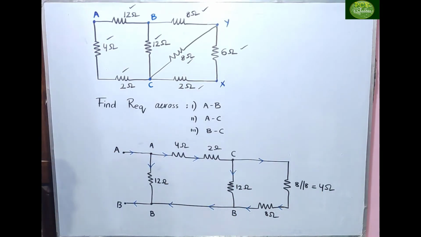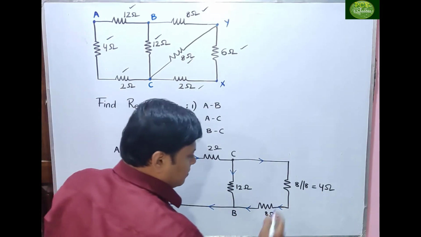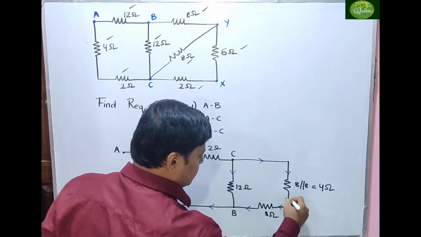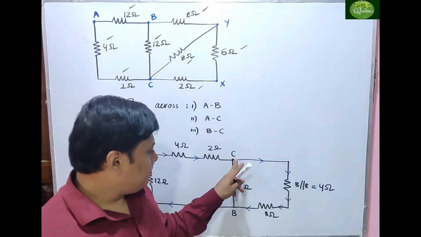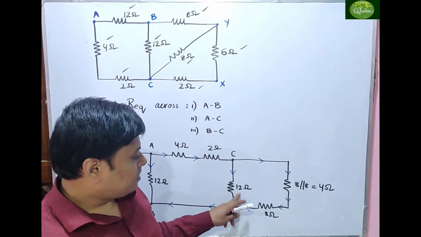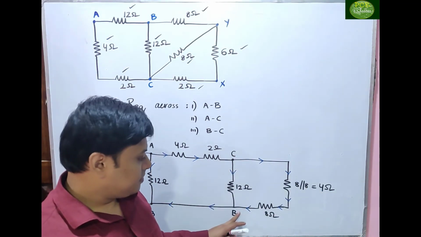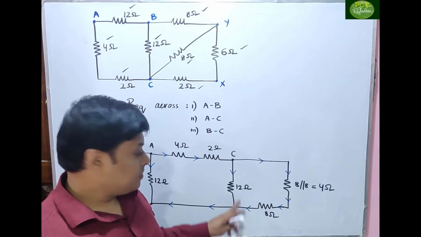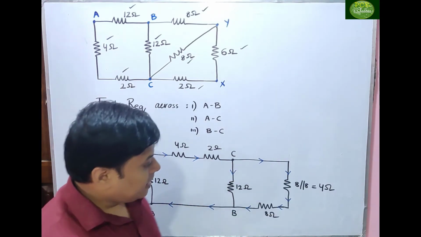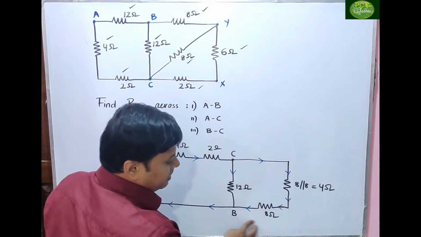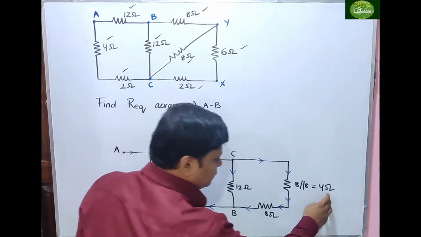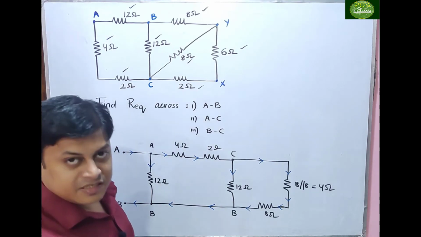Clear? See the current directions. Now see, for this 4 ohm the starting point is C, and for this 12 ohm the starting point is C. Now see here, the current flowing in the 4 ohm enters the 8 ohm. Can I say this 4 ohm and 8 ohm are in series?